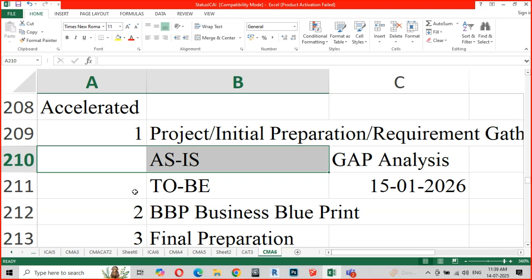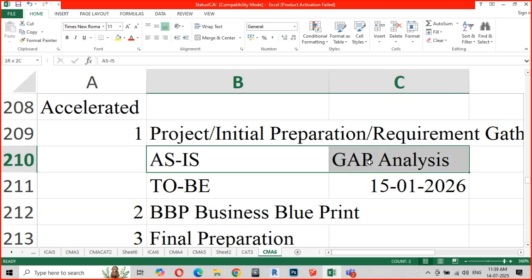This analysis is called a gap analysis. That is, what SAP can deliver and what is expected by the implementing partner. If there is a gap, this is referred to as the gap analysis.